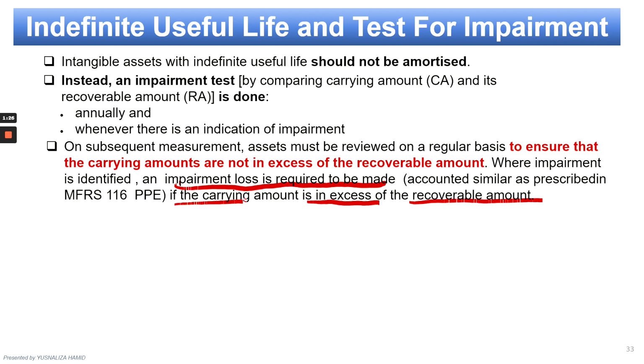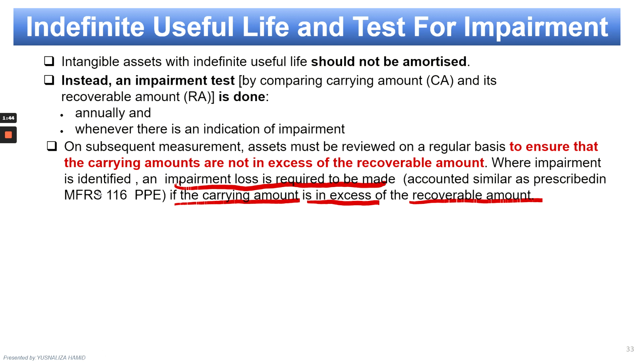However, if the carrying amount is still less than the recoverable amount, there is no need for impairment. So carrying amount is in excess, therefore there is a need for impairment to be done.